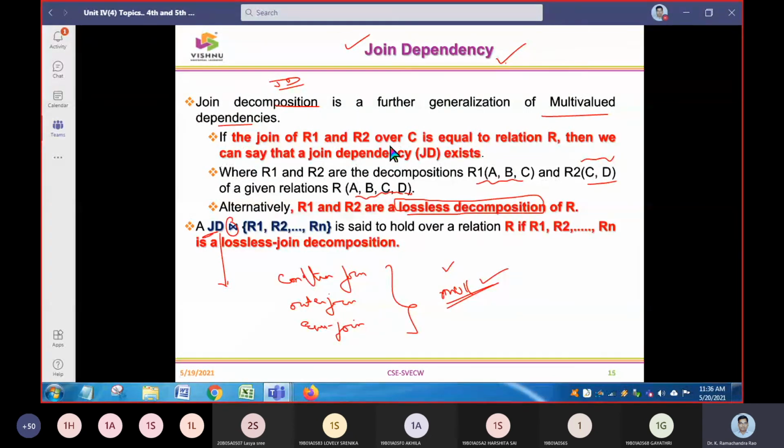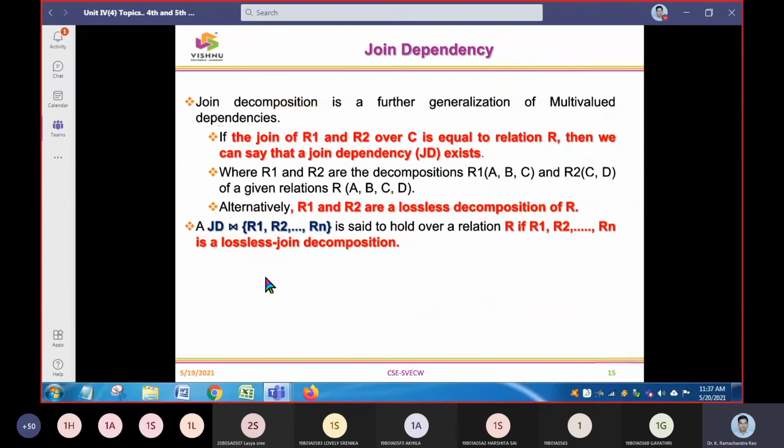In join decomposition, we made a relation R1 with A, B, C and a relation R2 with C, D. Now they can be joined to give A, B, C, D, and it should possess lossless decomposition. That is where join decomposition comes in.